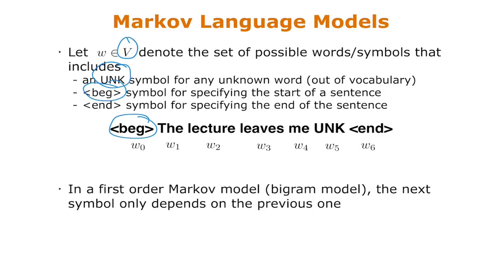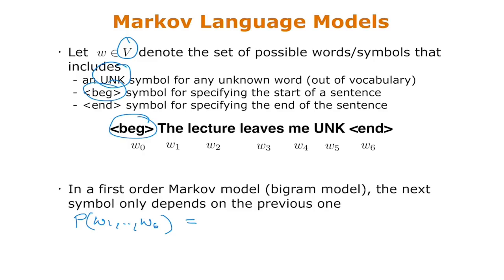A first-order Markov model defines this distribution over sentences, over this expanded set of symbols, by defining a conditional probability of what comes next based on just the preceding word. So now the distribution over, in this case, a 6-word sentence. And notice that the beginning symbol is not part of what we are generating. It is always the same.